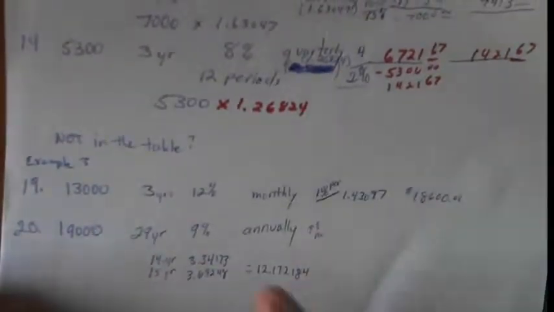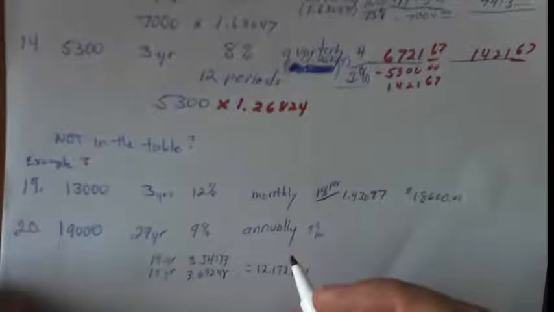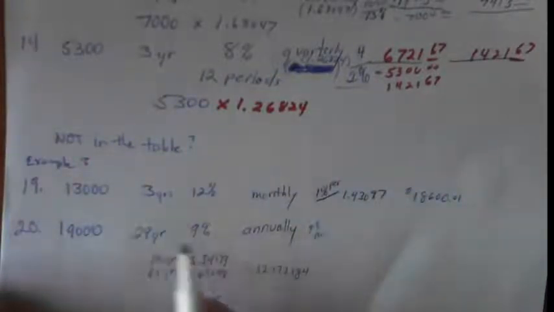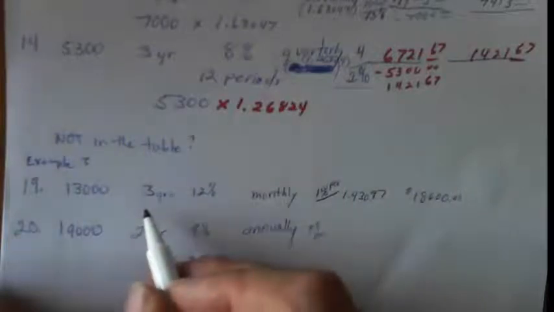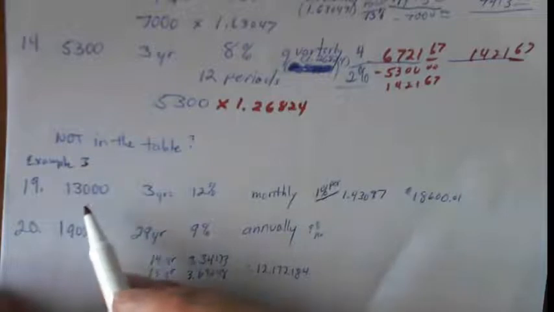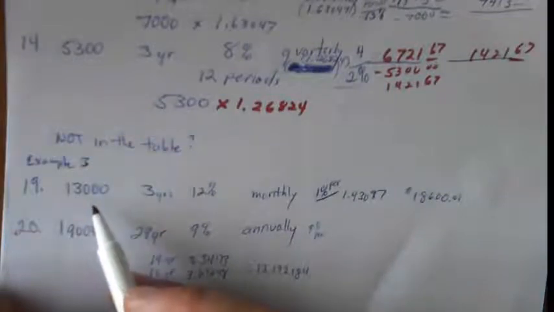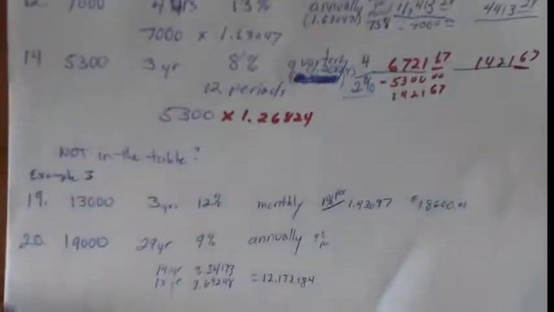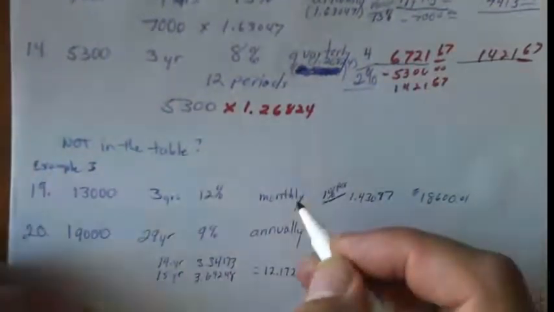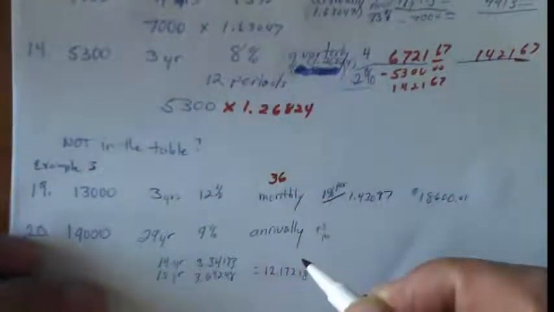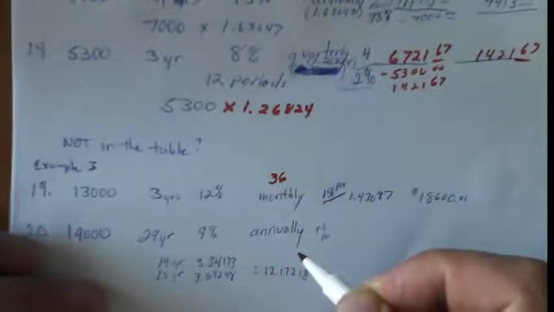table? How do you find that? Well, here they did number 19, which is pretty close to example in your textbook on example 3, where they broke this down because they have monthly for 3 years. They need a total of 36 units.